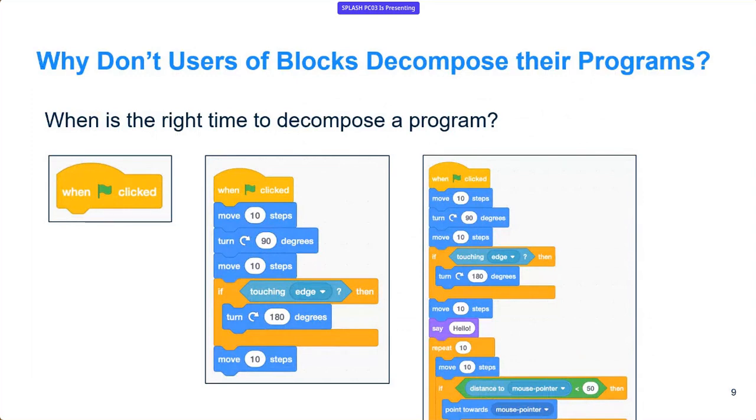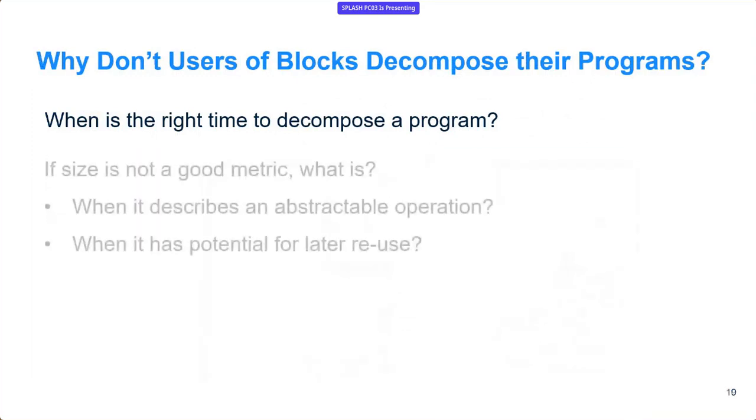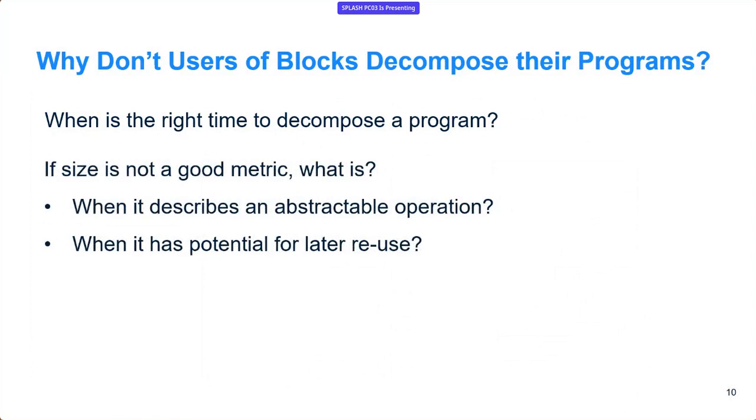It is quite challenging even for professional programmers. We might argue that size is not the right metric, but what is the right metric? Do you want to think about abstraction? About operations that you can abstract into a function call? About whether you reuse code? All of these are hard questions even for professional developers, and definitely so for end users that have no experience with this.